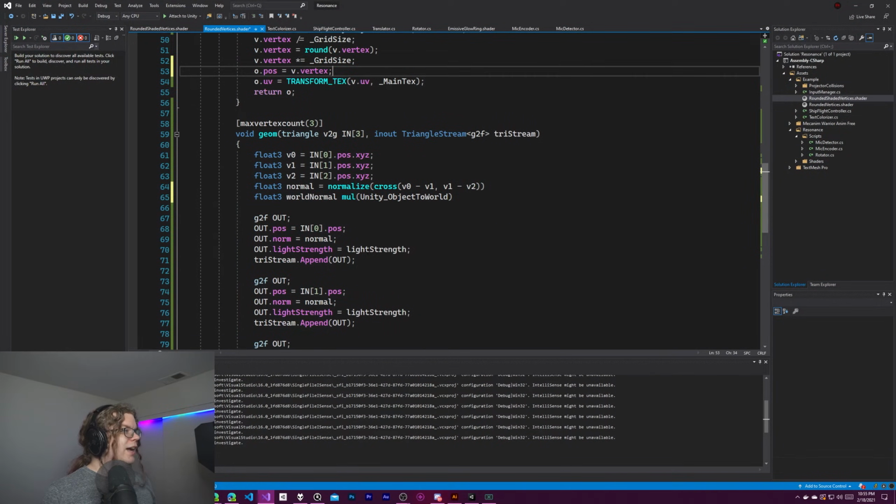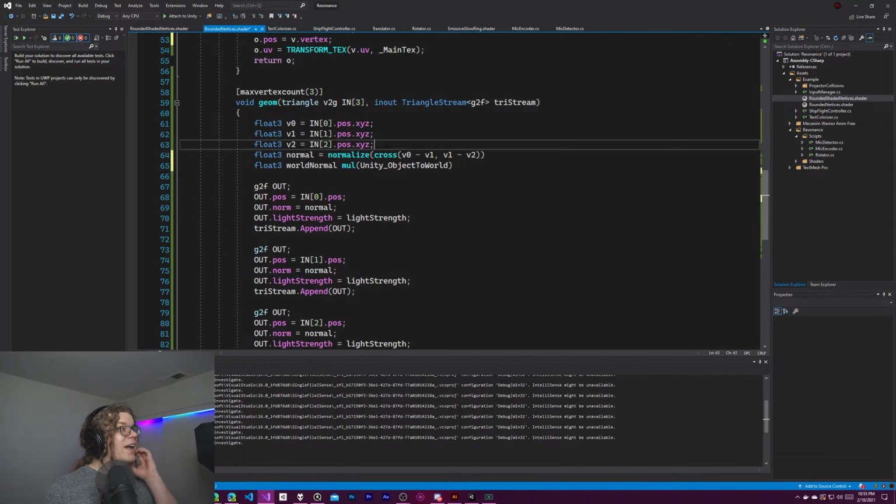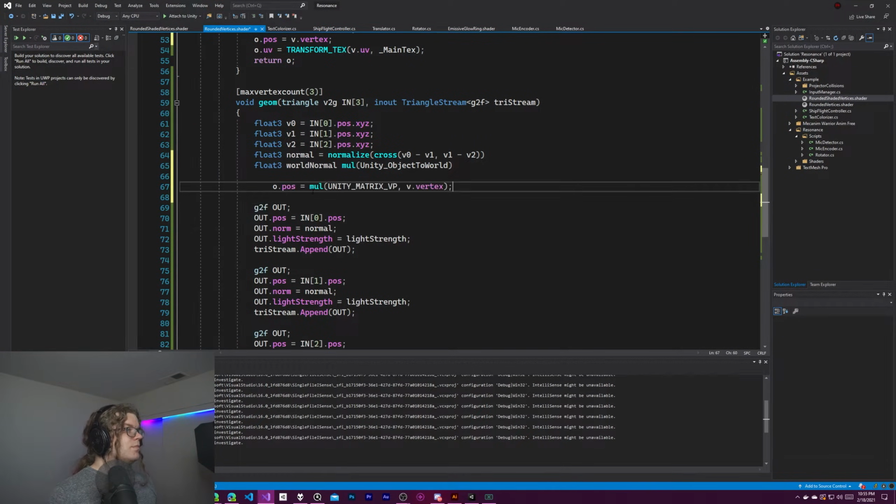There we go. And so now these are in world space. So these coordinates of the triangles are all provided in world space. Then the geometry shader can output our positions into the correct space. Does this make sense? I think it does.